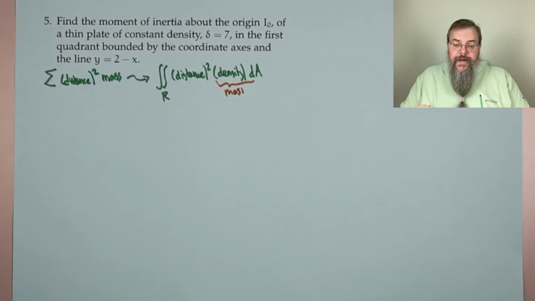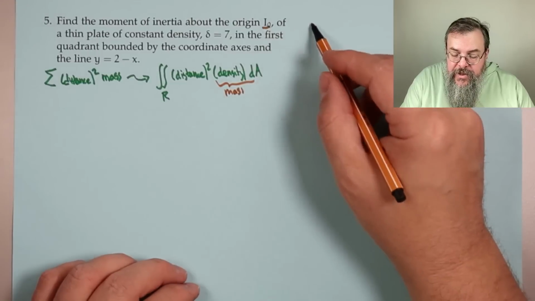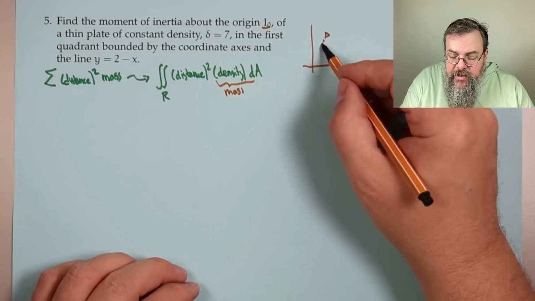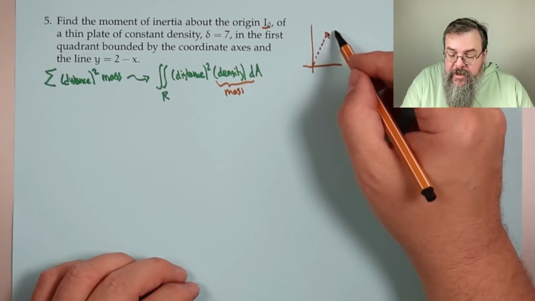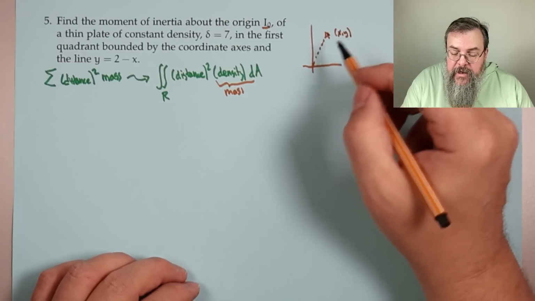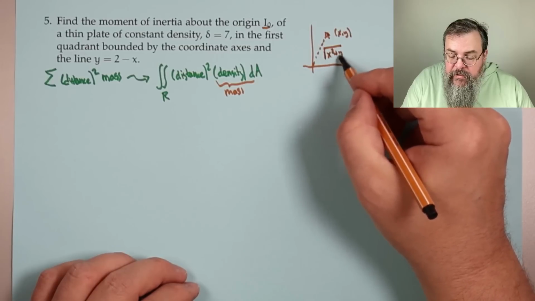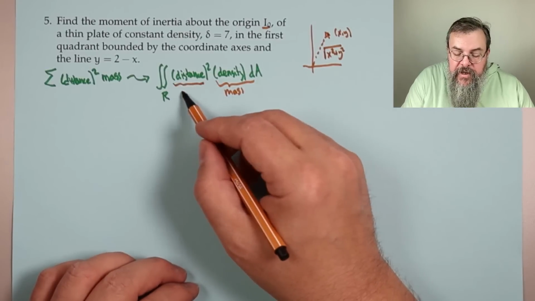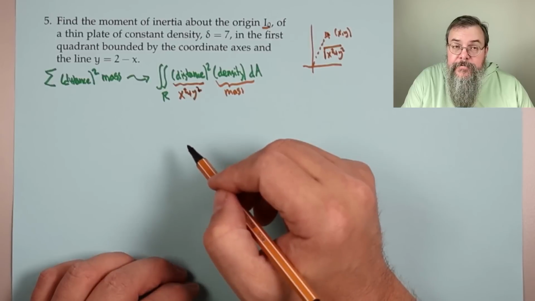All right, now we're after I0. If we think about it, we have our little tiny piece. What's our distance to the origin? So if we have a point here, let's say this is at x, y, our distance would be the square root of x squared plus y squared. And if we do distance squared, that becomes x squared plus y squared.